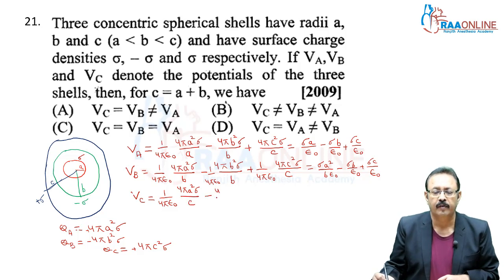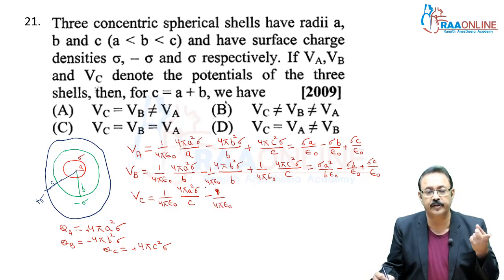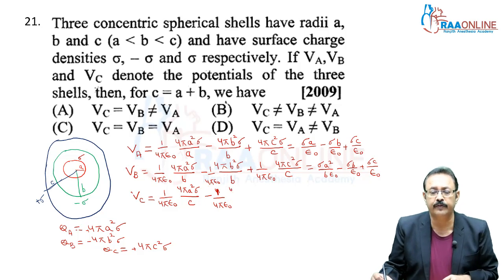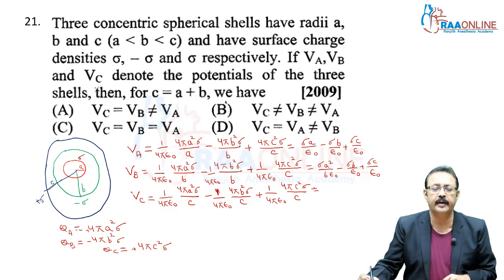Due to the charge on B, it will also go to the surface of C. It is 4πb²σ by c, plus due to C, 1 upon 4πε₀, 4πc²σ divided by c. So what we are getting?